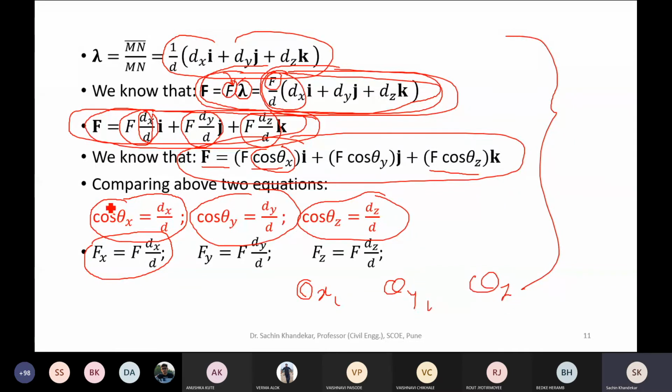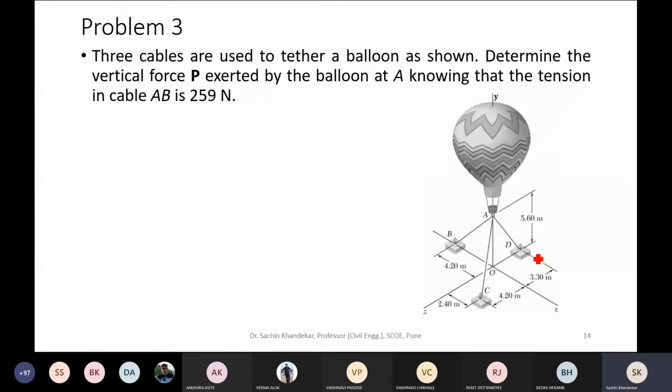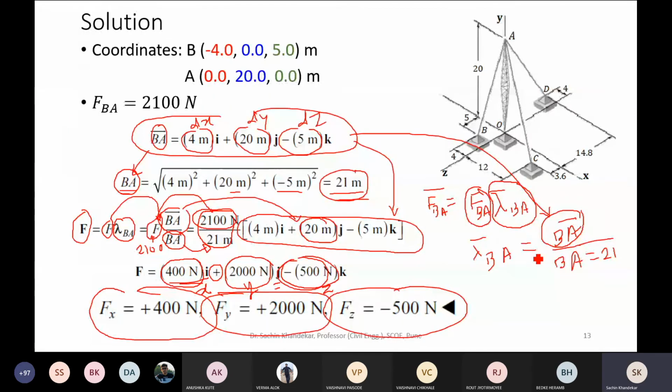So using this formula, cos of theta x is equal to dx by d, cos of theta y is equal to dy by d, and cos of theta z is equal to dz by d, you can find out the values of theta x, theta y, and theta z. I hope you have understood this. Is it clear? Any doubt? No, sir.